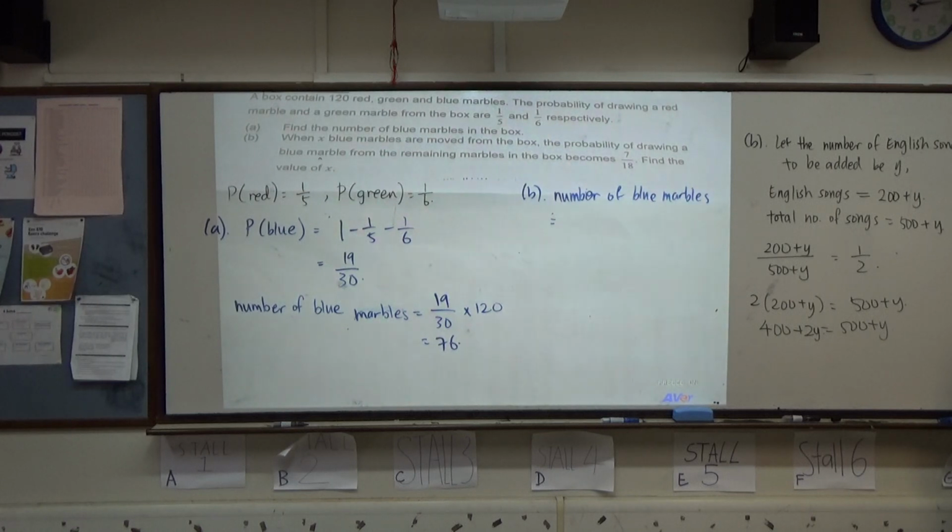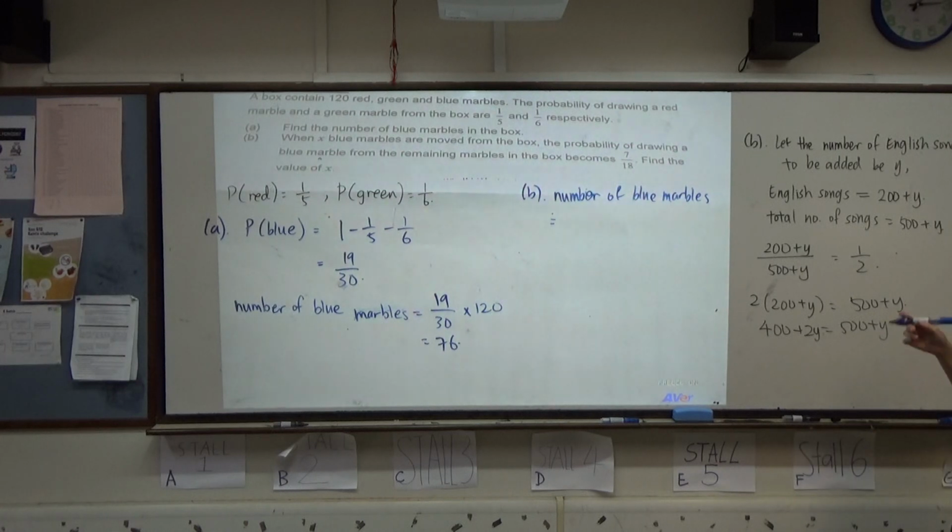Number of blue marbles is, we remove x number already. So how many is there left? There was 76 marbles and you minus x marbles, so how many blue marbles are there now?